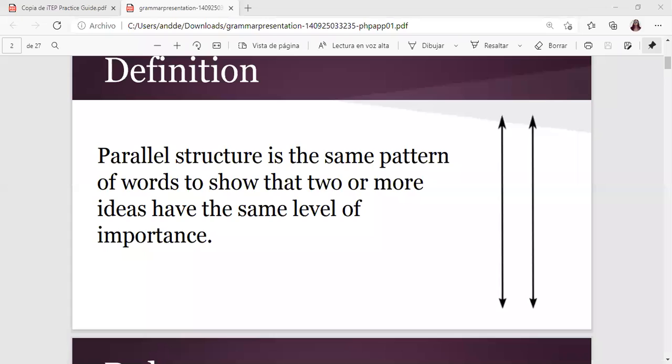Okay, guys, so for this class, we're gonna talk about parallelism or parallel structures. I don't know if you guys already had the chance to work with this topic before. In case you didn't, we're gonna have a very quick review about this today.